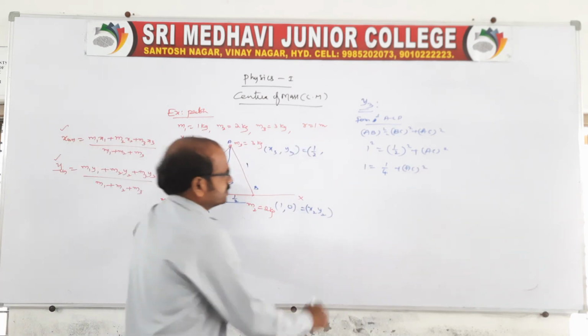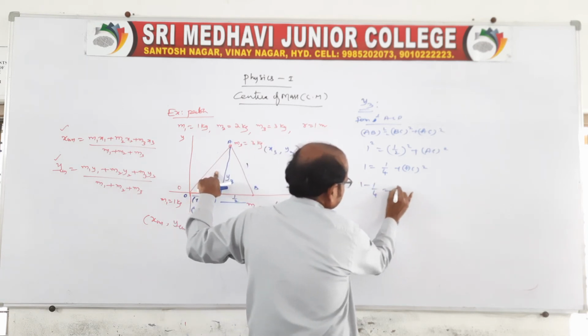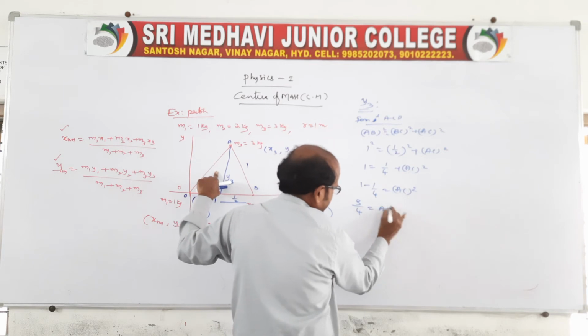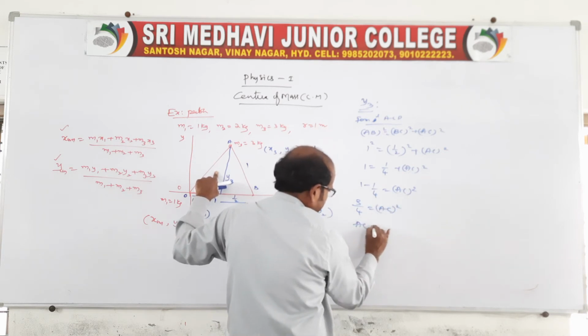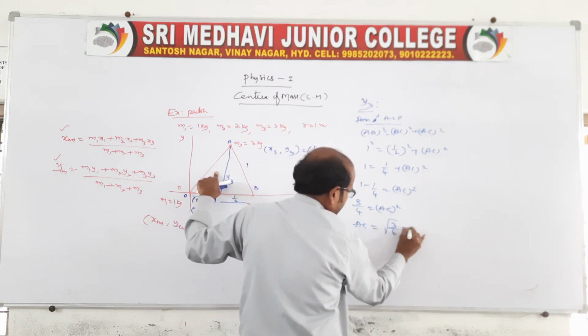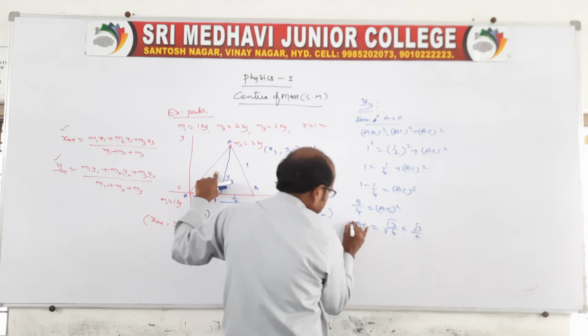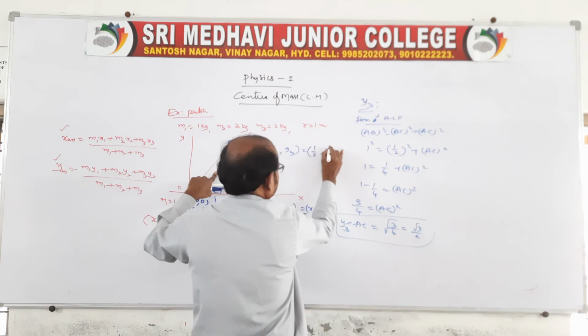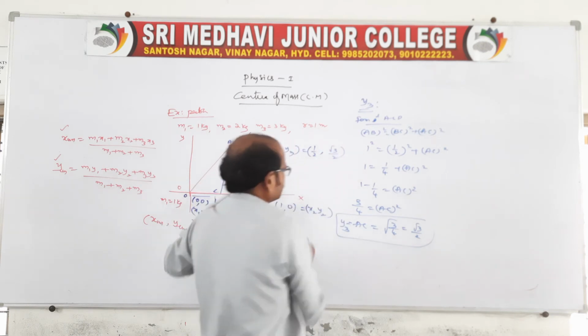So 1 minus 1/4 is equal to AC square. So 3/4 is equal to AC square, then AC is equal to √3/4, so it is √3/2. This is y3. Now we know the y3 value also, which is √3/2.